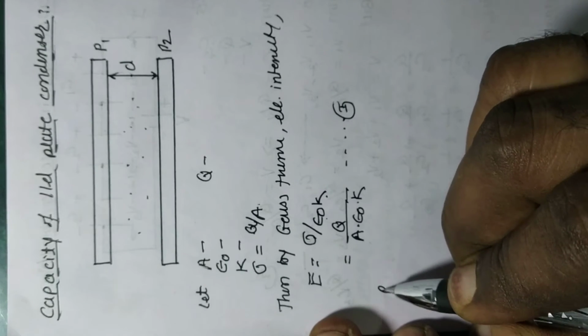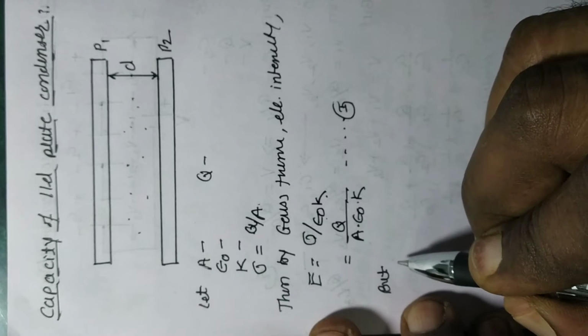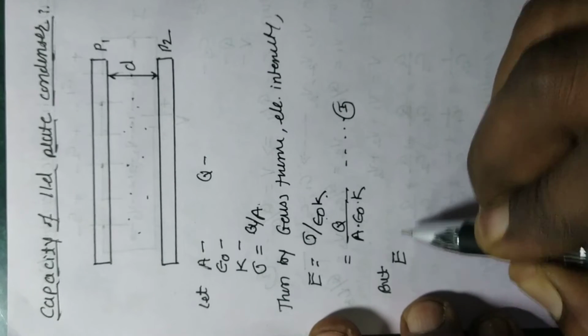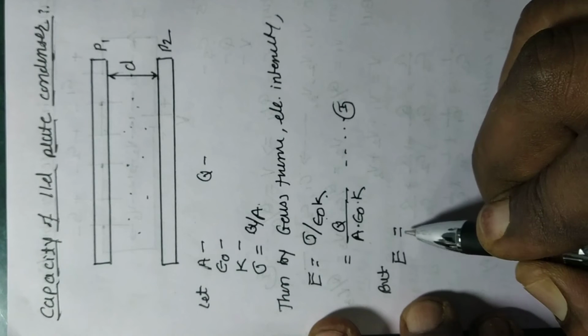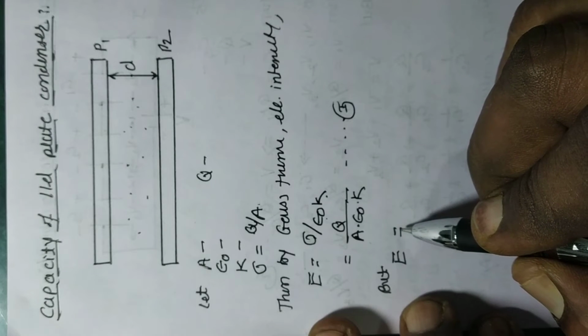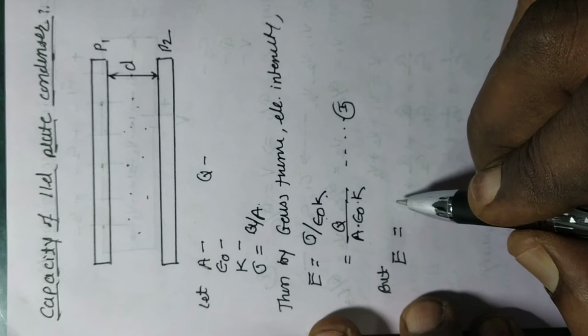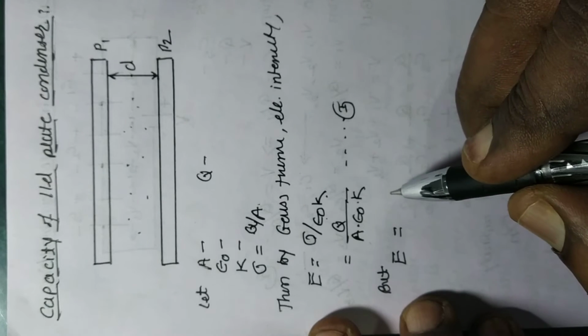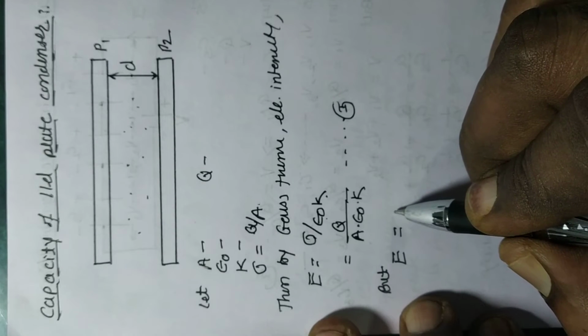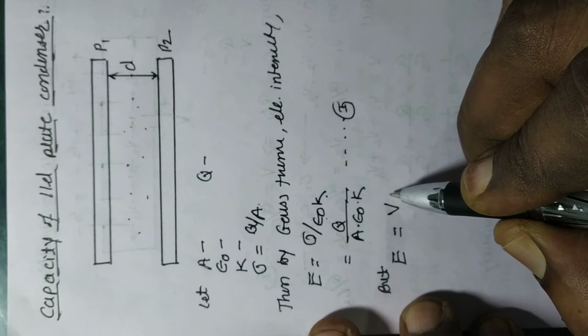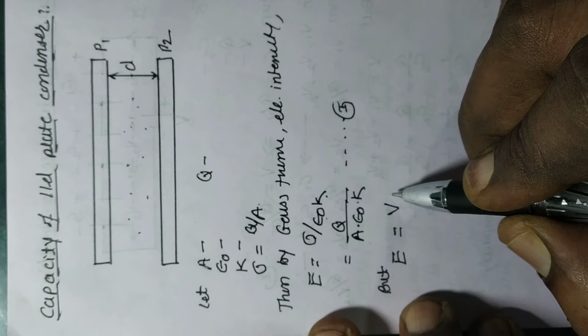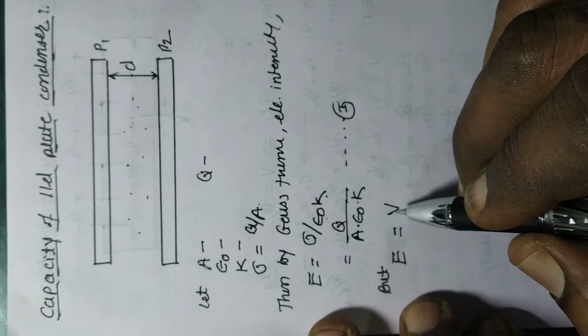But electric intensity is defined as potential per unit distance.